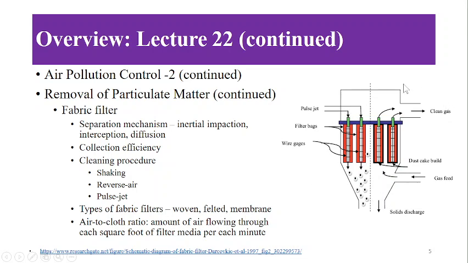This is for the normal operation of fabric filters, where a gas is coming in, and these are fabric filters, and the particulate matter gets stuck onto the fabric, and the clean air is coming out from here. And for pulse jet, you can see that the reverse direction of flow is there.